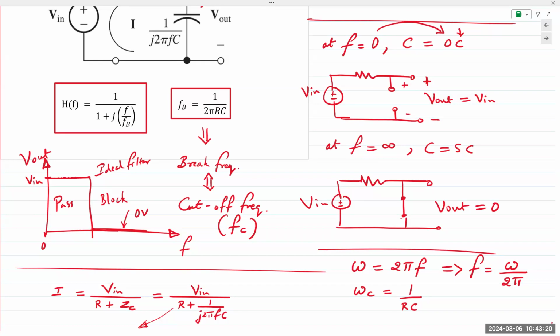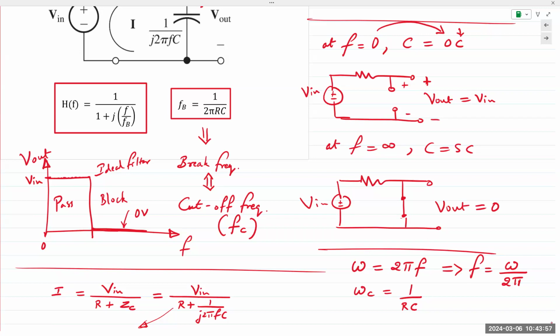It is the border between the pass and the block bands.